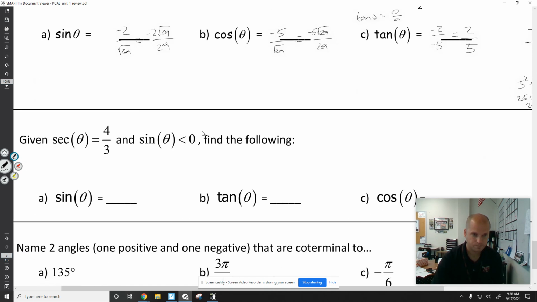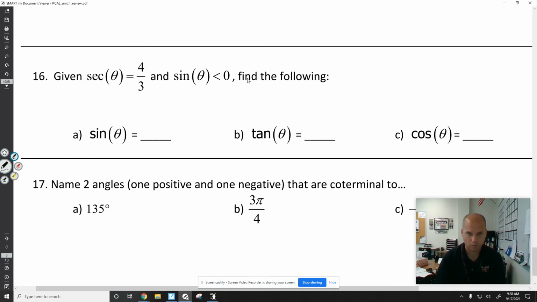Good question. This is a similar question. These are the ones that I think students have the most problems on. Hopefully that's not the case. Secant, which is cosine flipped, is 4/3. So that means cosine's got to be 3/4. That means adjacent over hypotenuse needs to be 3 and 4.